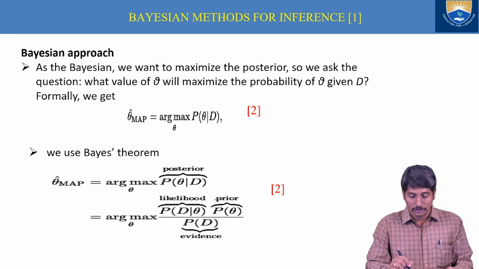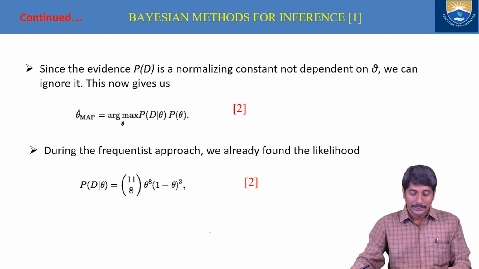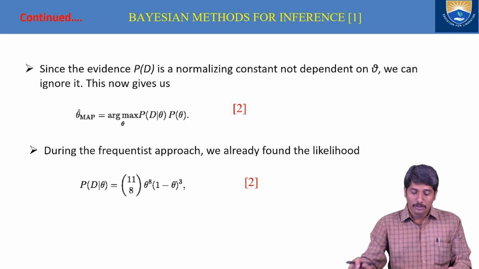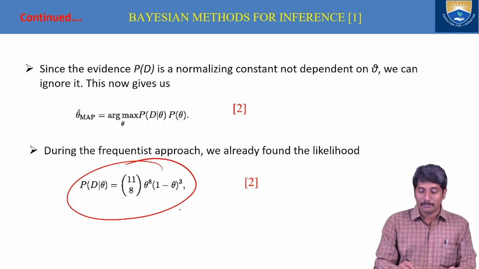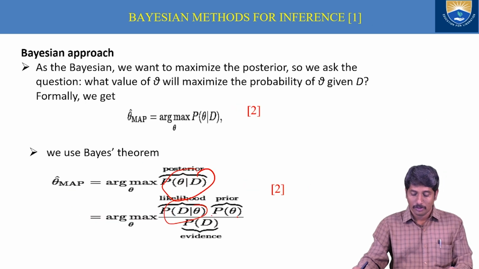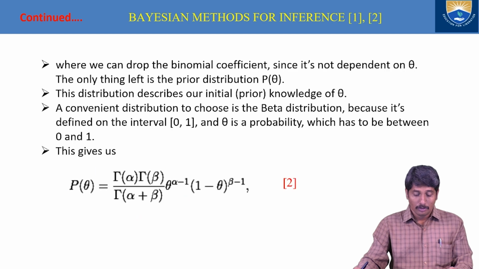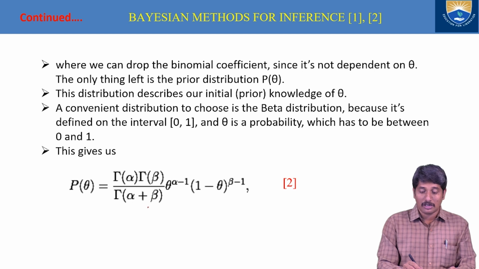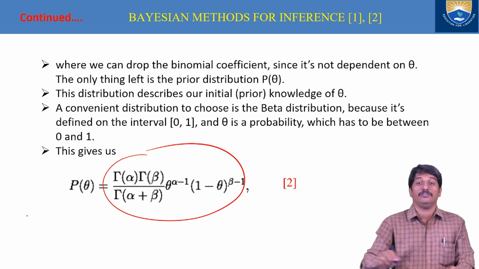In the Bayesian approach, a posterior probability will be there, and by using that we can write P of theta given d as P of d given theta into P of theta, divided by P of d. Now this P of d given theta is by using the binomial distribution. And P of theta will be by using the gamma distribution, or beta distribution, the famous probability distribution.